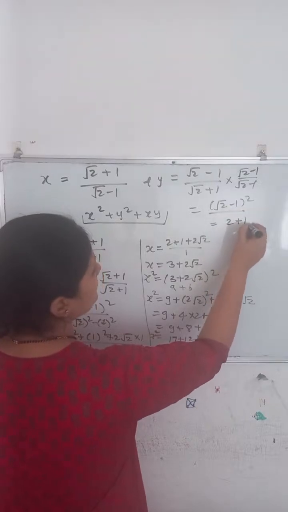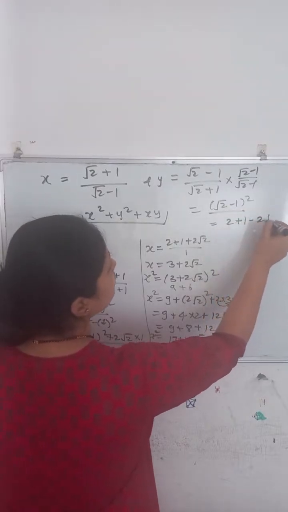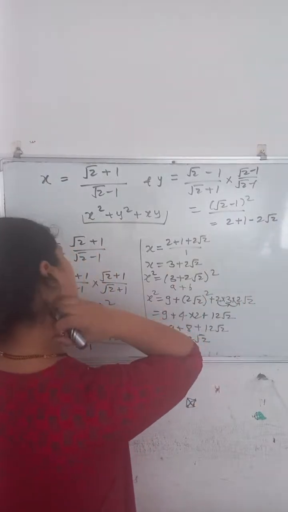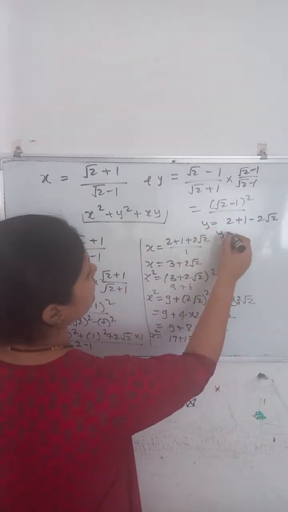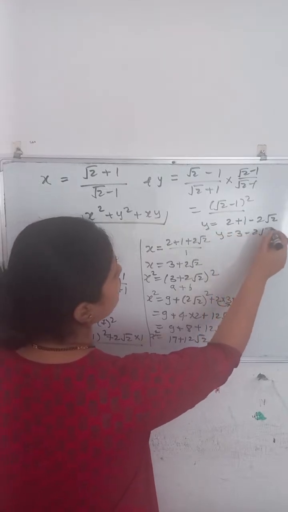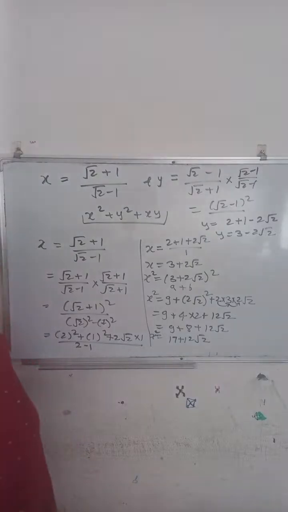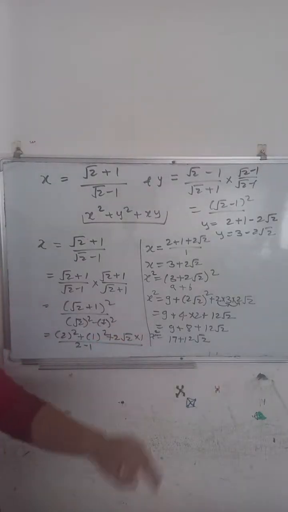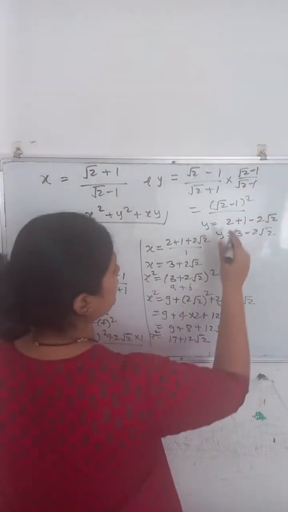So 2 plus 1 minus 2 root 2. So this is nothing but your y. Okay, so y is nothing but 2 plus 1 is 3 minus 2 root 2. Because here (a minus b) square is a square plus b square, and the middle term comes negative. So that's what it is, minus 2 root 2.